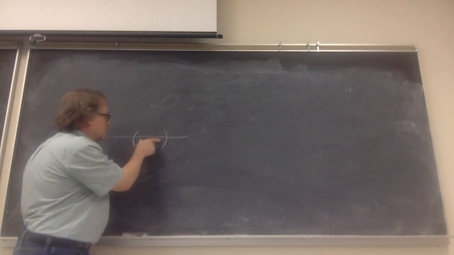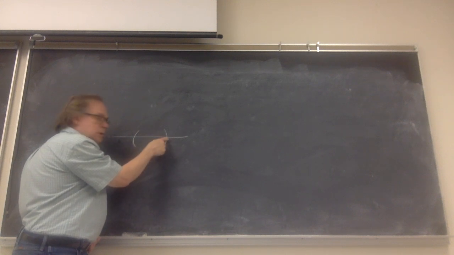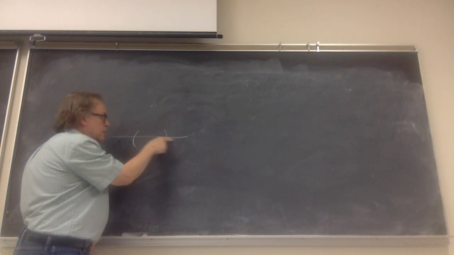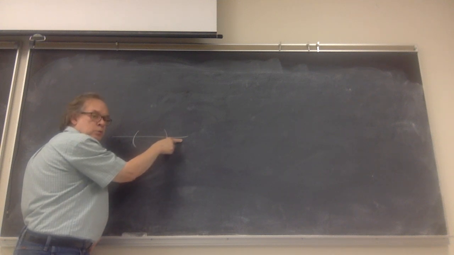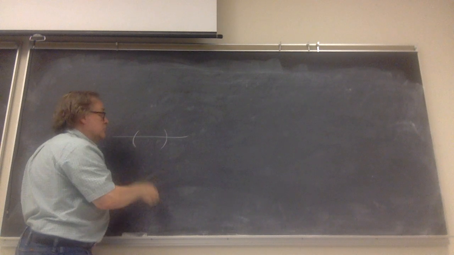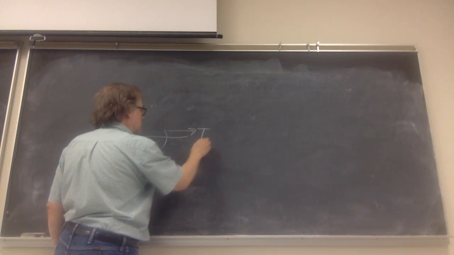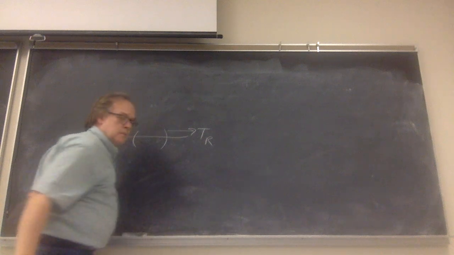So there's a tension force pulling to the right, at the right end of the rope. This piece of rope is pulling to the right on the middle segment that we're paying attention to. So that's the tension force on the right.